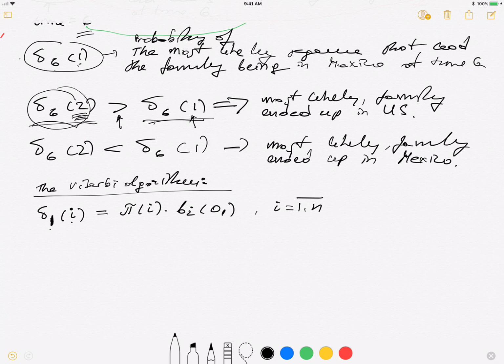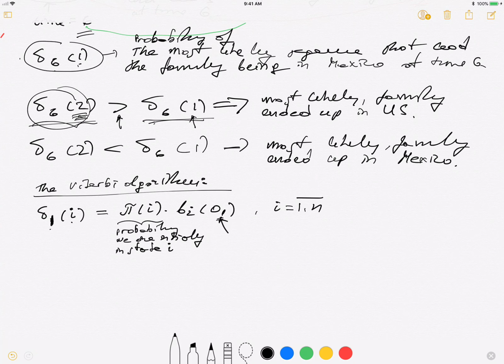Pi of I is the probability that initially we are in state I. So we are in state I, and then, having observed the output 1, observe that the index here is 1, we generated the output 1, which is observed.